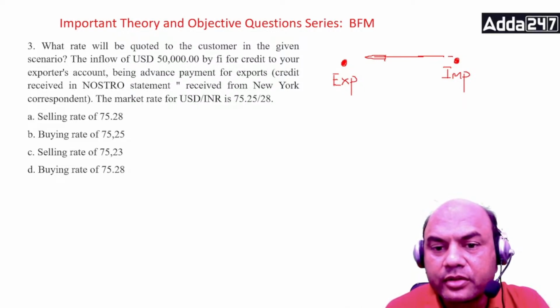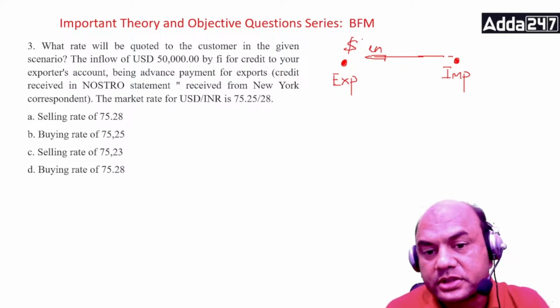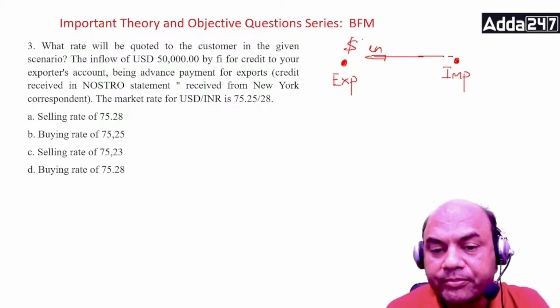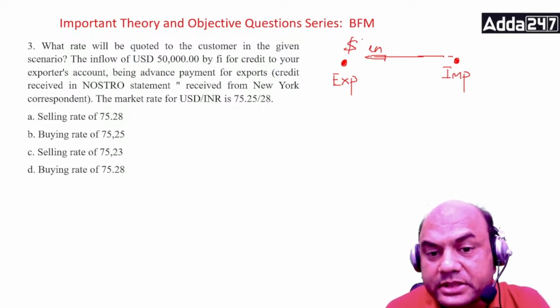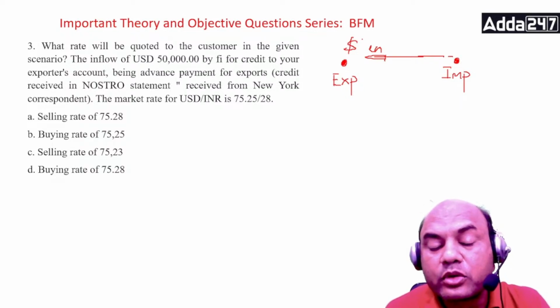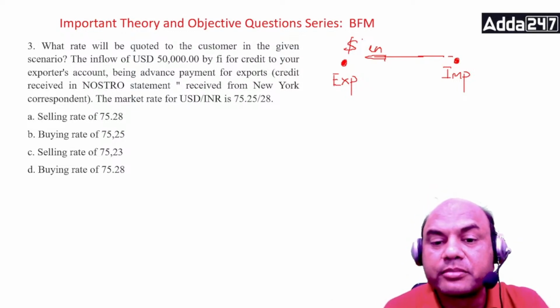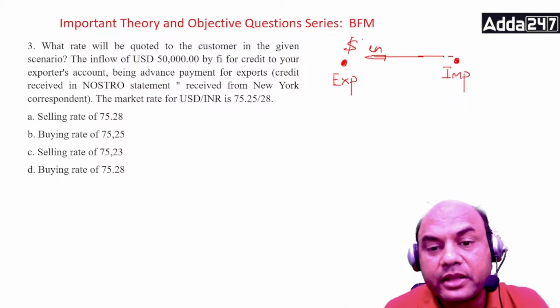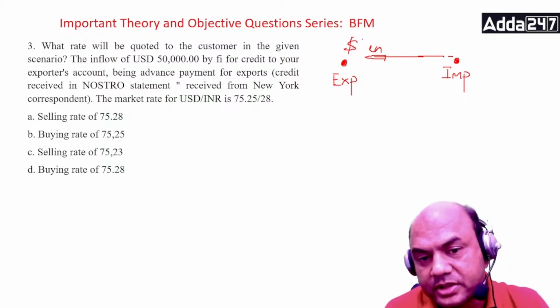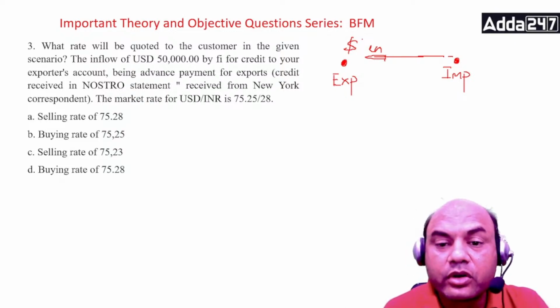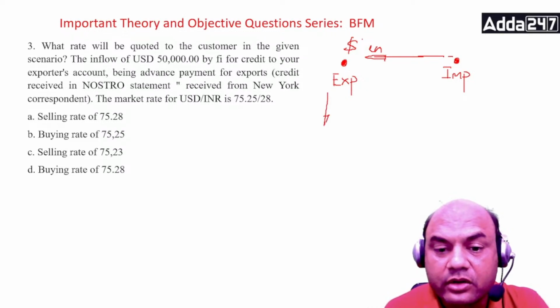So whenever dollars are coming in, you have to buy the dollars. So what do we do as a bank? We buy the dollars from this customer. This exporter will get the dollars, but he has to spend in rupees. He can't spend in dollars. If he has to give a salary to somebody, this salary can't be given in dollars, right? So this salary will be given in rupees. So he will sell the dollars to you, the bank.